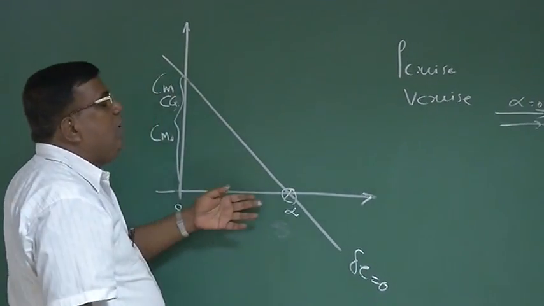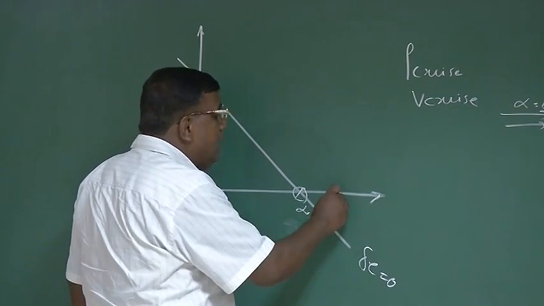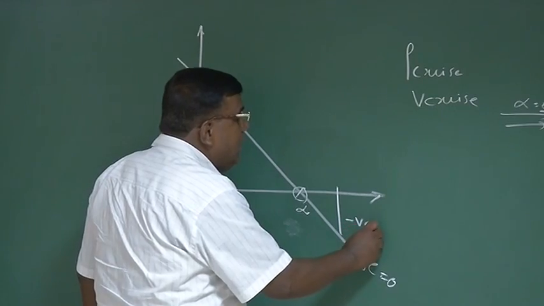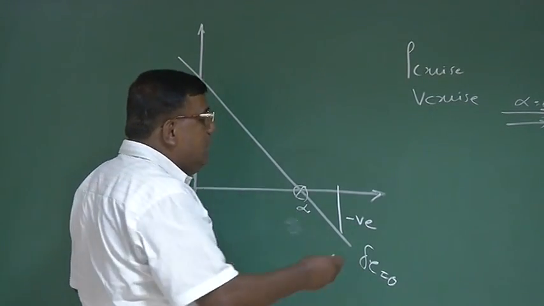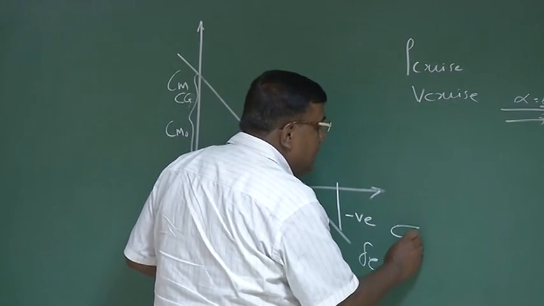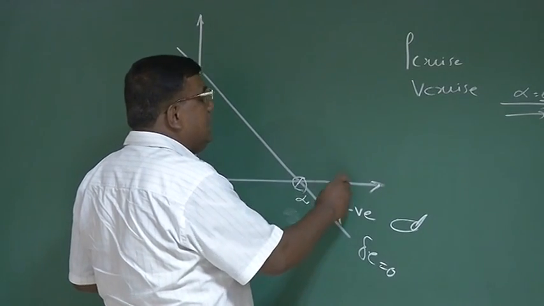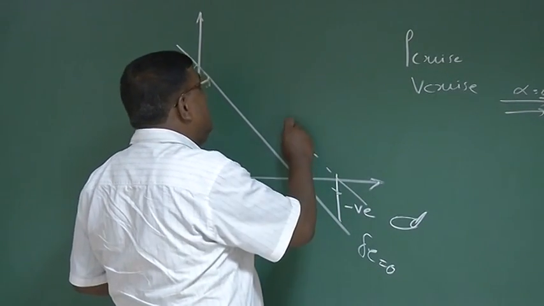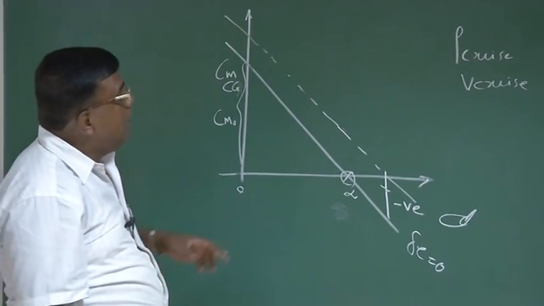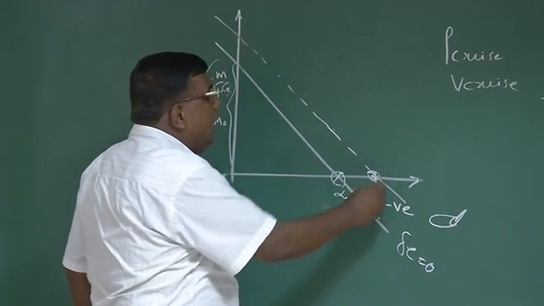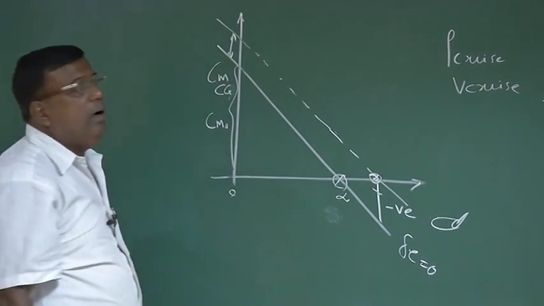Now for some time you want to fly at a different alpha with different CL. Then what does it mean? It means it will generate negative moment. So you have to now use elevator in an up condition so that it gives a positive moment about Cg and this gets nullified and your Cm versus CL graph becomes this. So now again it is a trim point. And effectively you could see by deflecting the elevator, I have increased Cm0 value.